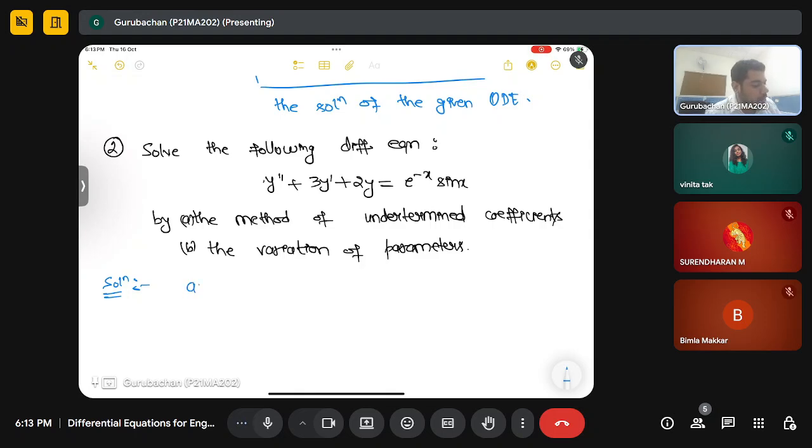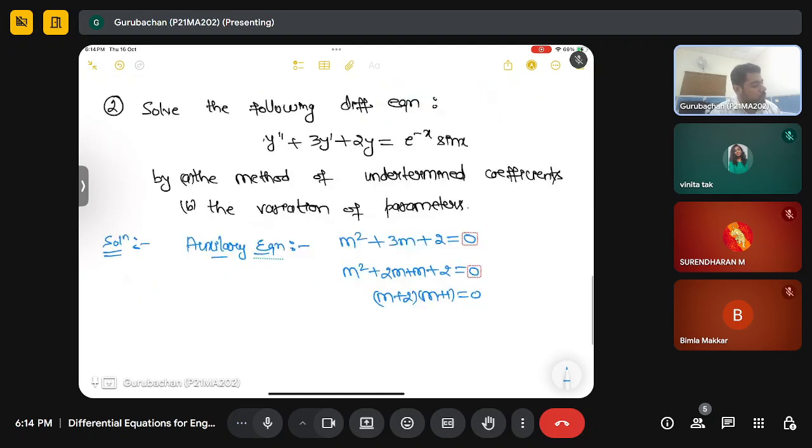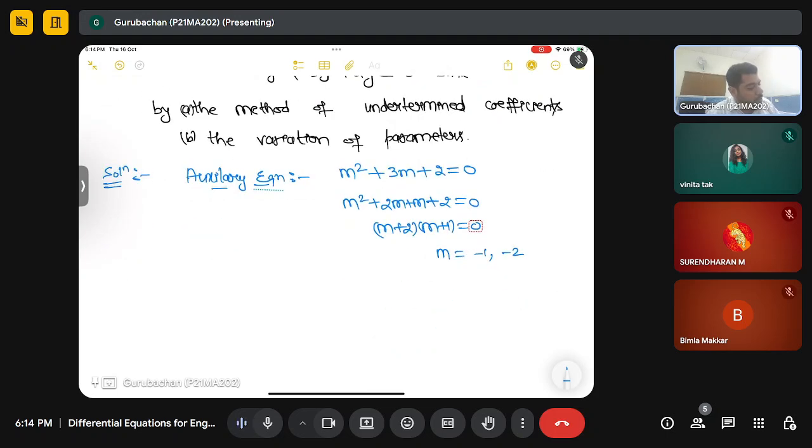Its auxiliary equation will be m^2 + 3m + 2 = 0, which gives m, and from here your homogeneous solution will be.